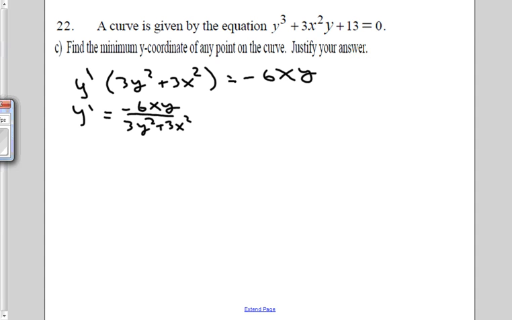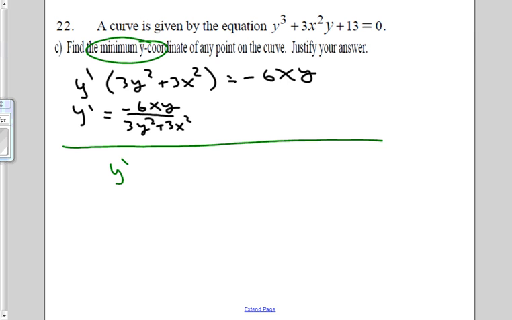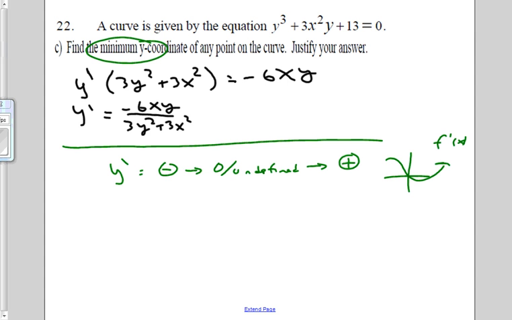What I was saying before is remember that minimums occur when our first derivative goes from negative to either 0 or undefined, and then to positive. And remember, this happens on our derivative curve. If I have f prime of x, wherever it goes from negative to 0 or undefined to positive, that's where f is going to have a min. So I need to think about where that is going to happen.